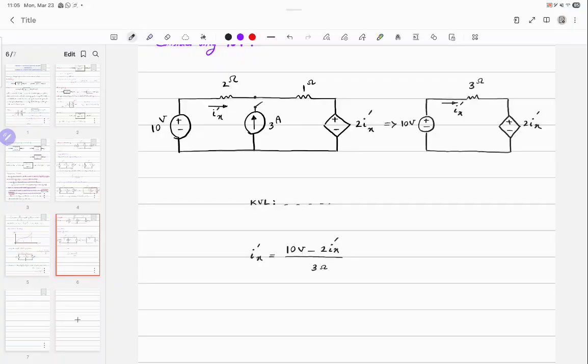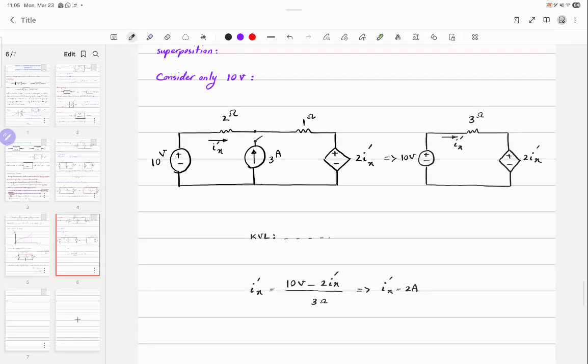Let me just write the final value here. It's 2. Let me see if 2 works. 10 minus 4, 6, yeah. So I prime x is 2 amps. Okay?